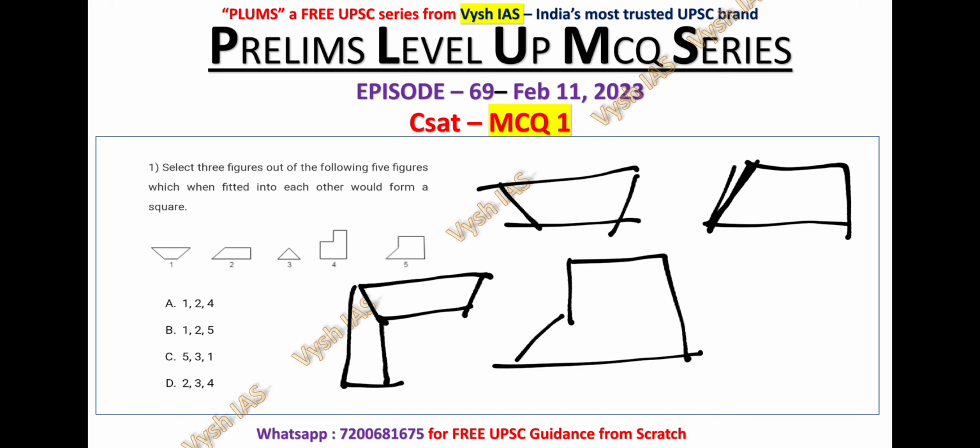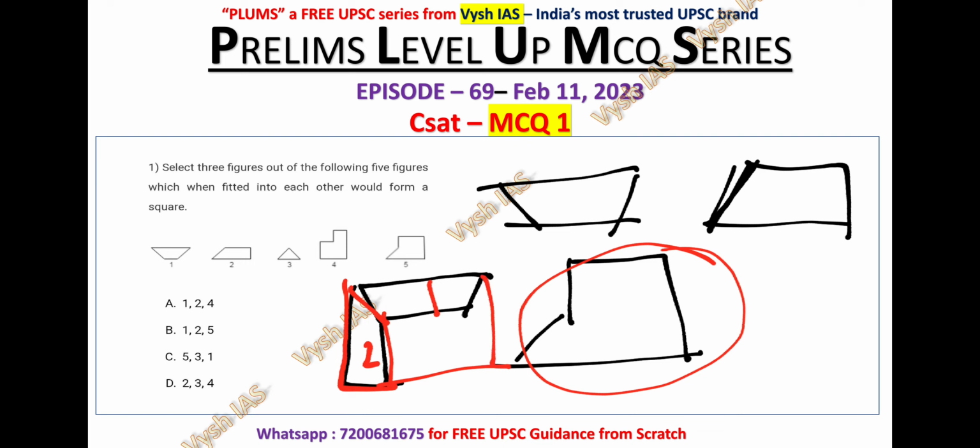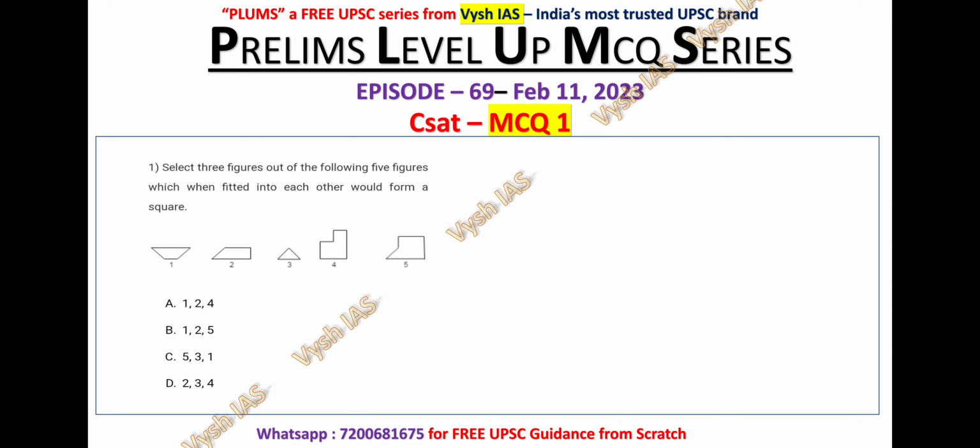This part can be the second one, this is 1. If you reverse this one, it will definitely become like this. This is the third, the 5th one. So 1, 2 and 5 can be fitted to form the square. So option B is correct for MCQ number 1.